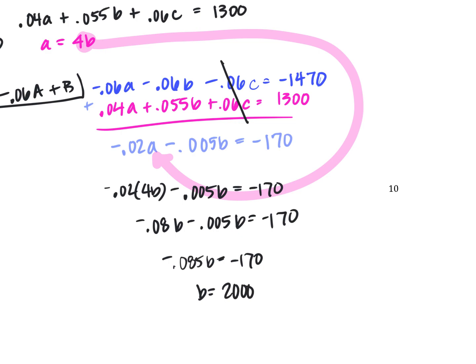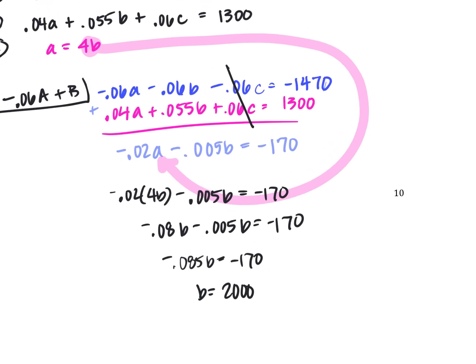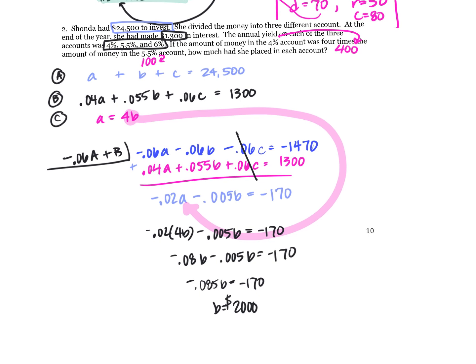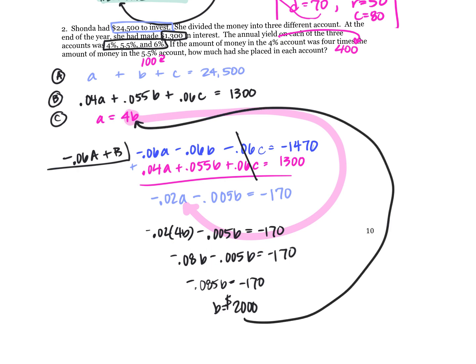How much money do we invest in the 5.5% account? $2,000. I invested $2,000 in my 5.5% account. How am I going to figure out what I invested in the other accounts? Four times that. Can't we just plug in 2,000 right here? If my B is $2,000, how much did he invest in the 4% account? 8,000.